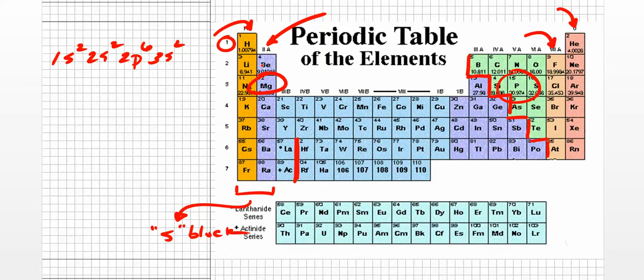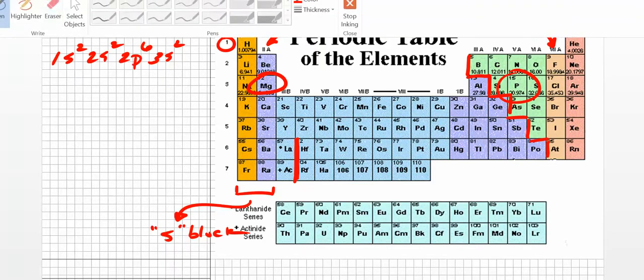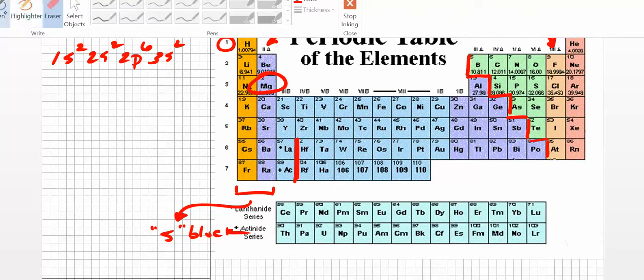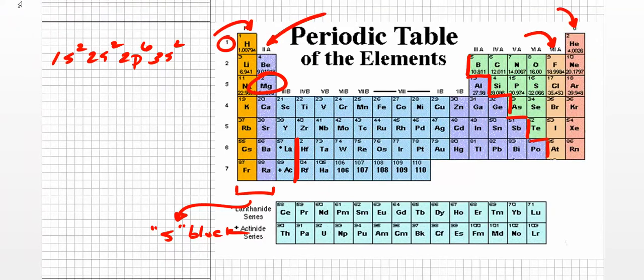So, for example, let me erase this again so we can see a little bit better. Let's go to silicon, for example. Silicon is right here on the periodic table, right? Let's just say that the world was running out of silicon and we wanted to continue to manufacture computer chips, but we need to find another element that has similar physical and chemical characteristics to silicon.